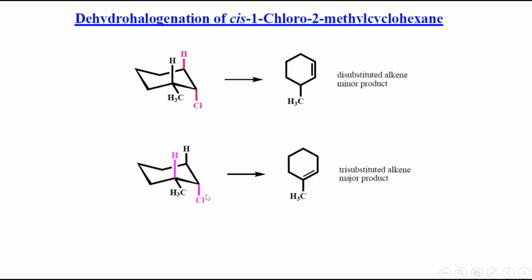This hydrogen and this halogen have anti-periplanar geometry. This is from the other beta carbon. If this gets abstracted, this gives a trisubstituted alkene. This is an alkyl group, methyl, and this is another alkyl group. Two substitutions over here and another substitution over here. Thus, it's a trisubstituted alkene, and this is the major product which is formed.